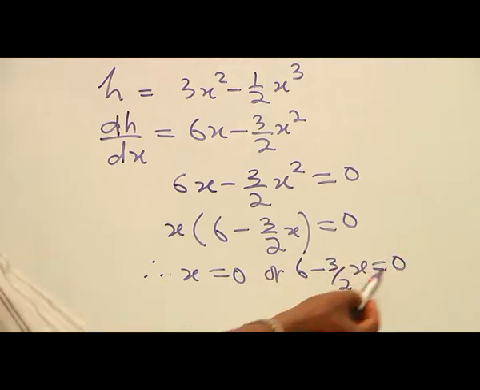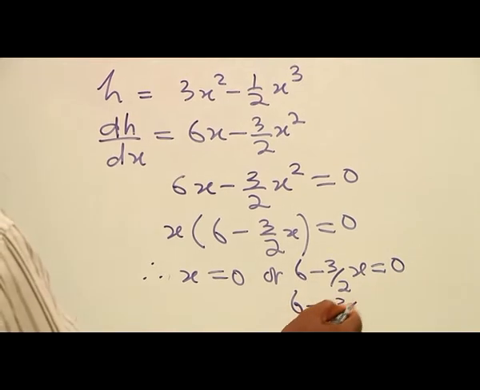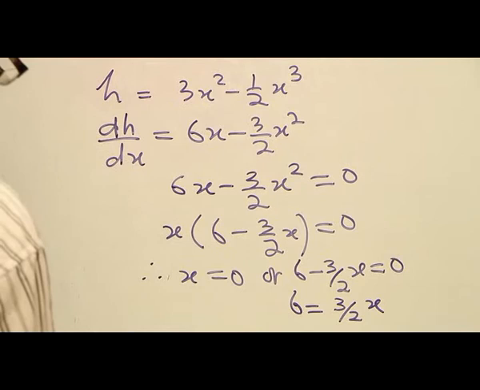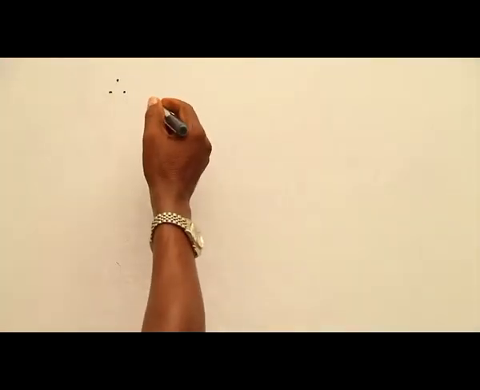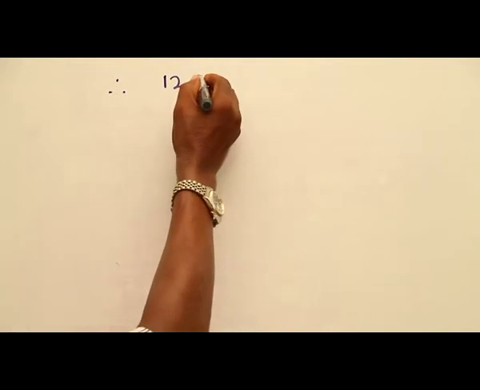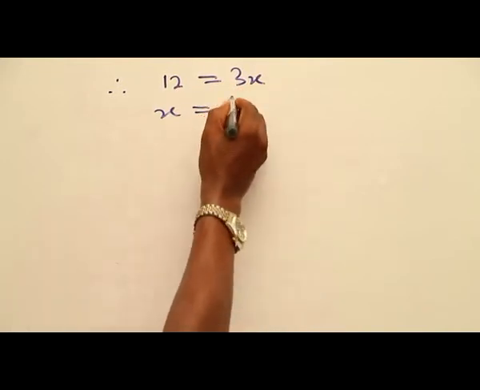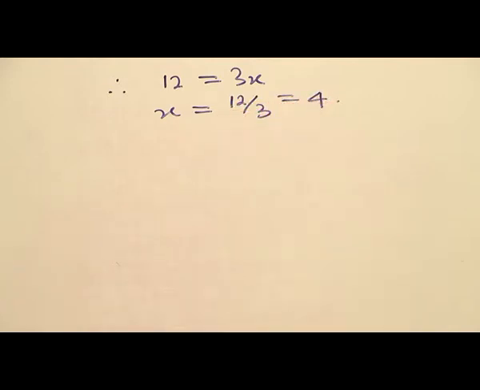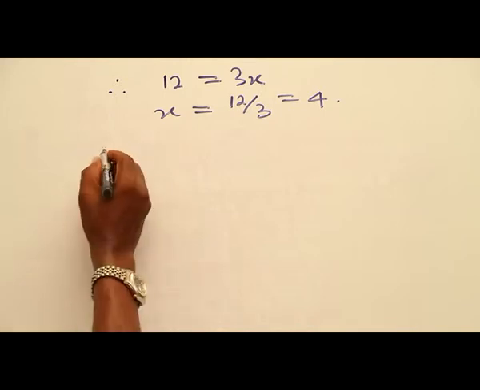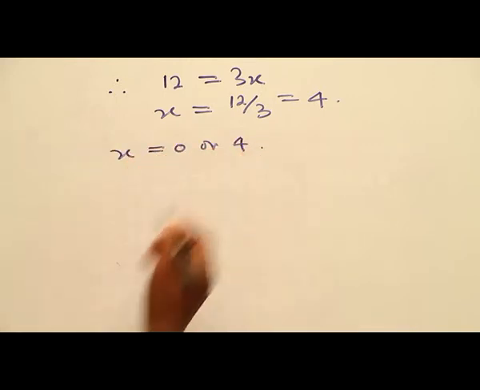When you solve this one, you will have 6 equal to 3 over 2 of x. Therefore, 12 is equal to 3x, and x is equal to 12 over 3, which is 4. So x is equal to 0, or x is equal to 4.